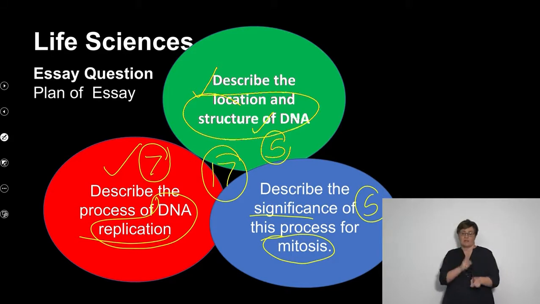So if I'm able to get 5 significantly important facts for the description of the location of the structure of the DNA, and then another 5 for describing the importance of the process of mitosis, I would have had a kind of a clear overview now of what the mark allocation would be, so that when I write them, I note that at least 5 points and another 5 there, and possibly 7 for the process of replication will give me a total of 17.